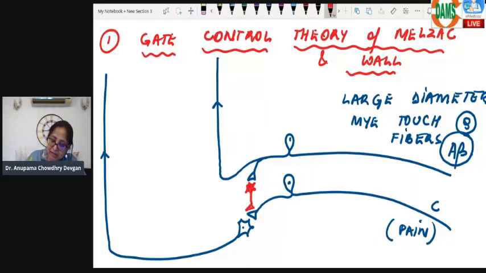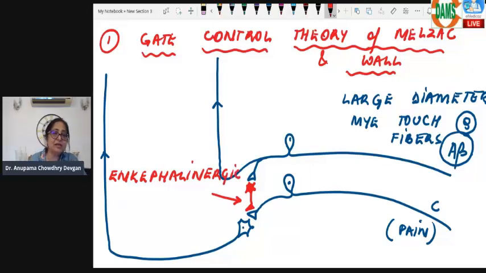This is an encephalinergic neuron, which means it releases enkephalin, and it is present in the dorsal horn.